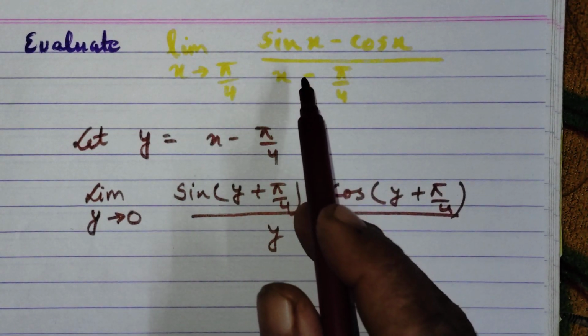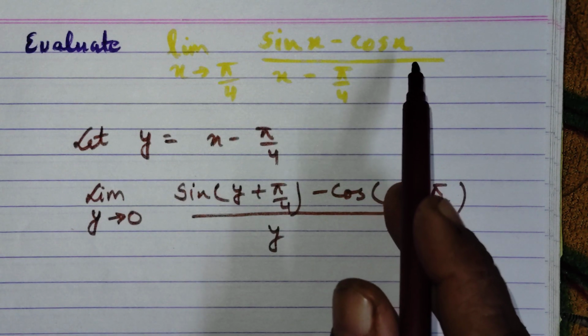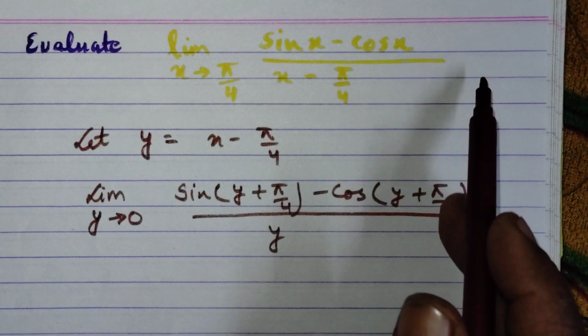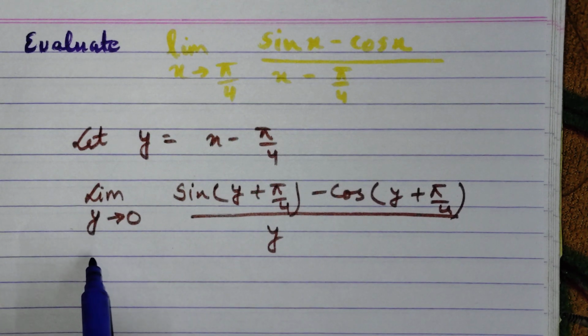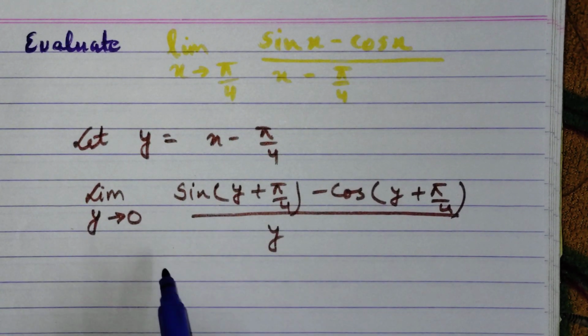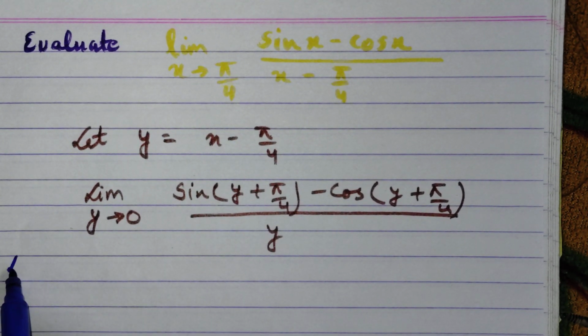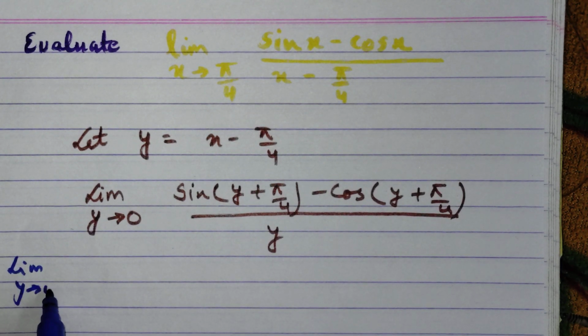Otherwise, when we directly check the answer, we find an indeterminate term, 0 by 0 term. This is an interesting question. So now what we do? We use the sin a plus b identity and cos a plus b identity. So limit y tends to 0, we write as it is.